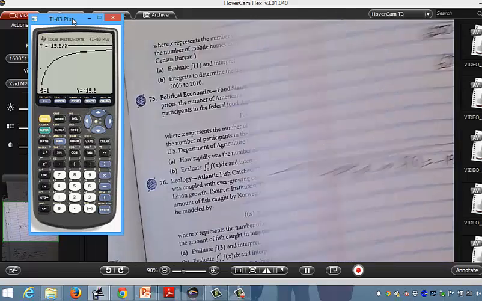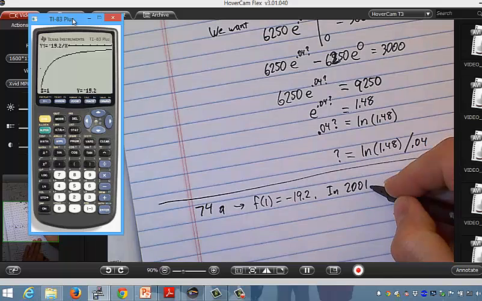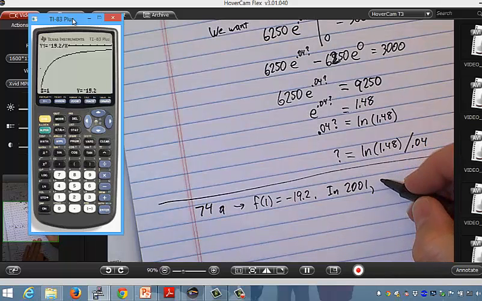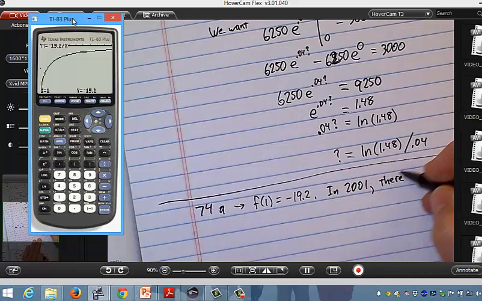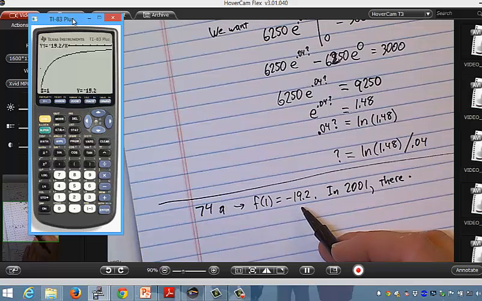So in 2001, there was a loss of 19,200 mobile homes, right?